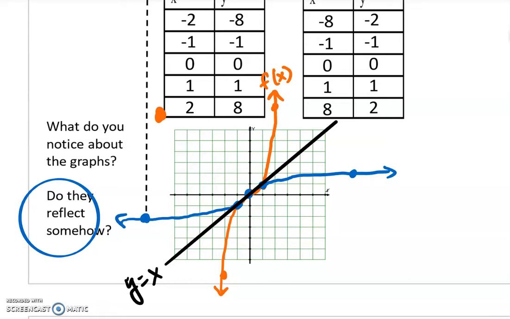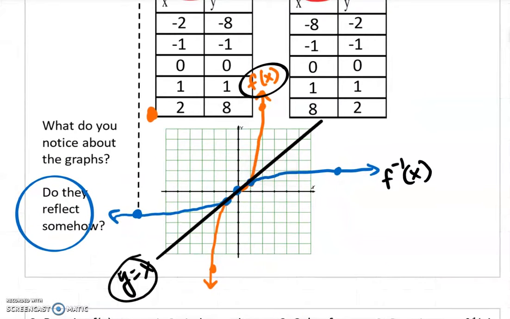You can see the original parent function, f of x, and then we have the inverse of f of x. The inverse of f of x is a reflection of f of x across the line y equals x. You may have noticed this parent graph.